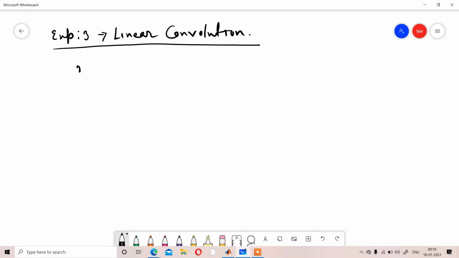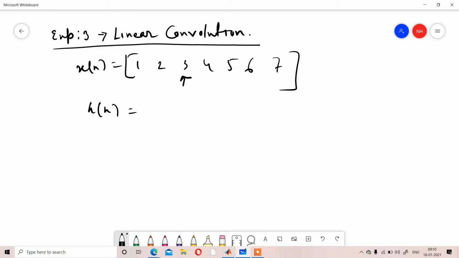Suppose you have two sequences, xn, that is 1 2 3 4 5 6 7, suppose you start from here, and hn, 1 2 3 4, we start from here. Over these two sequences we need to do the linear convolution.